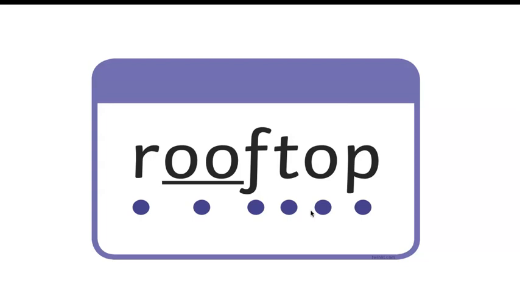We know that the double O makes an oo sound, like in look and book. We've got f on its own, making the word roof. So even though we've got 4 letters in roof, we've only got 3 sounds. Look at the word top. That's a bit like cat, where all of the phonemes, or all of the sounds, are individual.